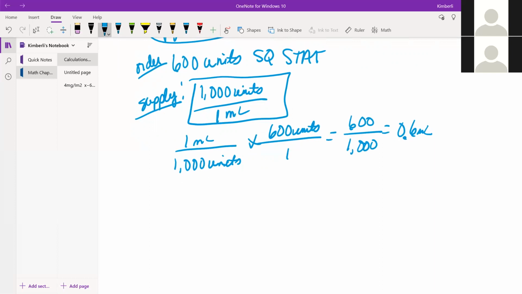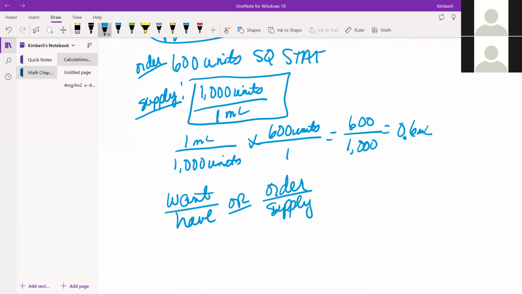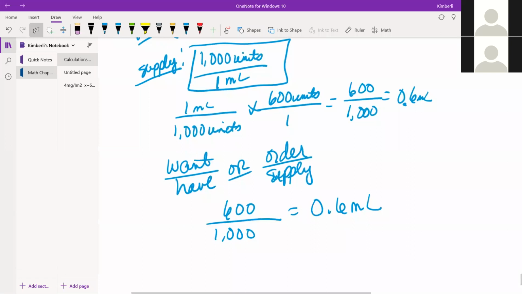If they're over 1 milliliter, then you can always do want over have or order over supply, but they have to be over 1 milliliter. So in this case, my order is 600, and that's what I want. My supply is 1,000, and that's what I have, and I'm still going to get 0.6 milliliters.